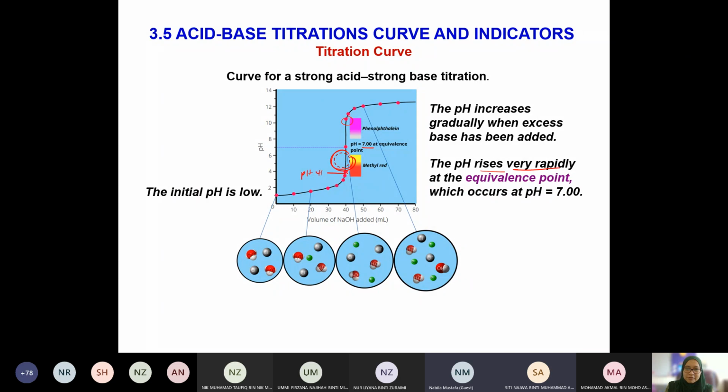If you are lucky you get 7, but normally you will exceed 7. Maybe this is to highlight the drastic rise in pH. That's why it is circled there. Here there is nothing anymore, because once you overshoot, you will jump into here. Okay.